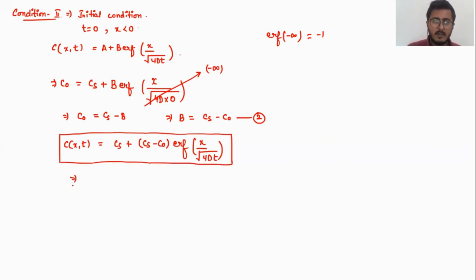If I further solve it, this C of x comma T basically tells us about the concentration at a particular position x with respect to time t, right? So let me consider this concentration to be Cx. So I can take this as Cx minus Cs upon Cs minus C naught is equal to error function x by under root 4Dt.